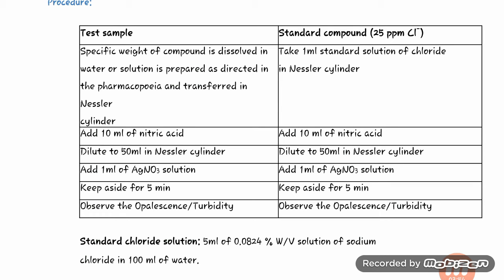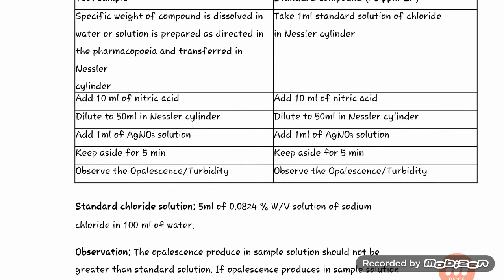So for the test we take a specific amount of compound, then dissolve it with water or the solution prepared as given in the pharmacopoeia, and we prepare the solution in the cylinder.